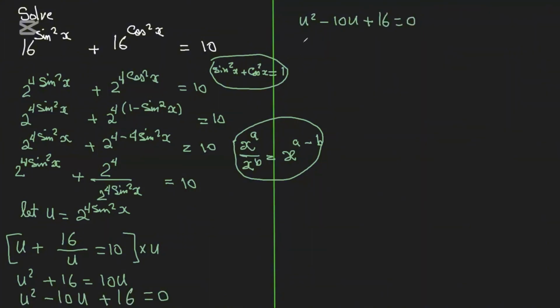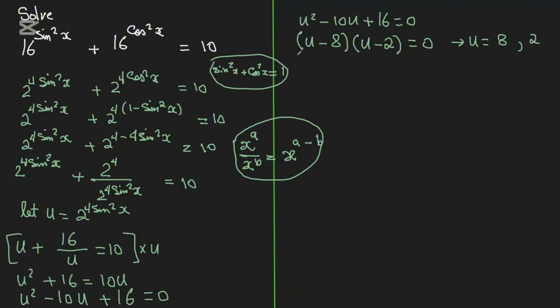I will factor this. And this will give me u minus 8, u minus 2 equals 0. Two numbers multiplied to give me positive 16 and add to give me negative 10. They are the negative 8 and the negative 2. And therefore, u equals 8 and 2.